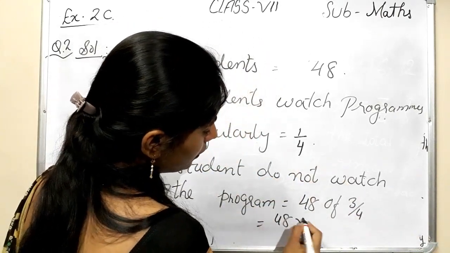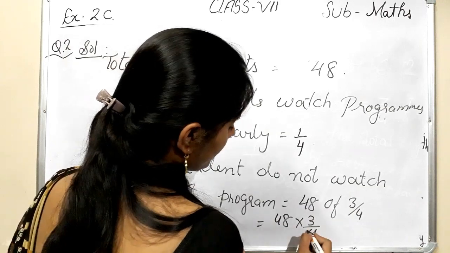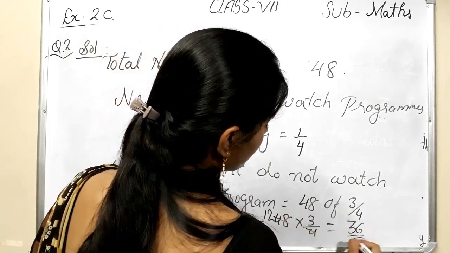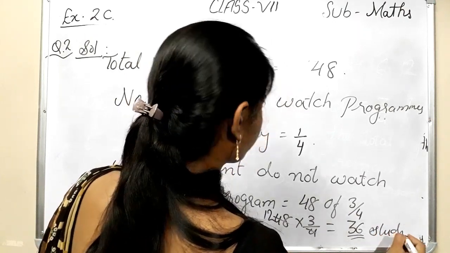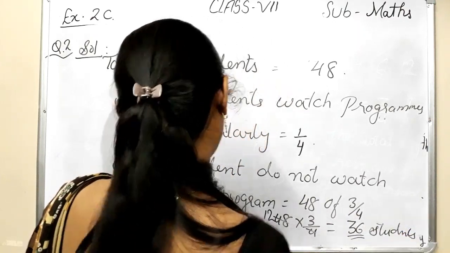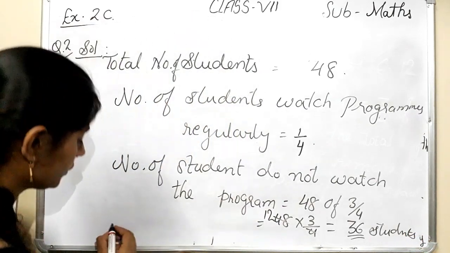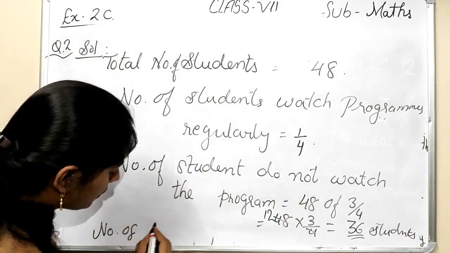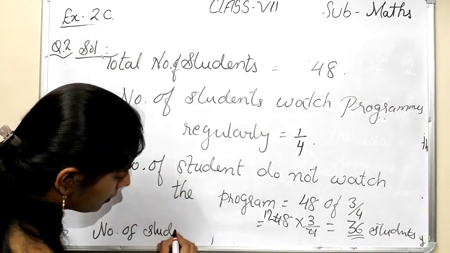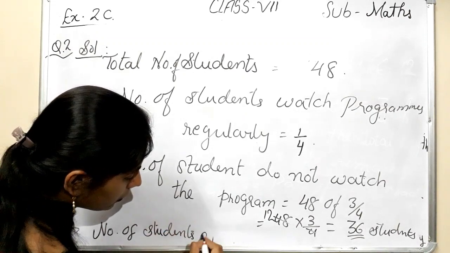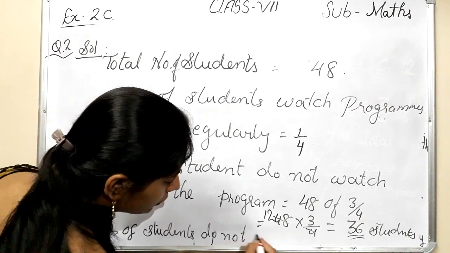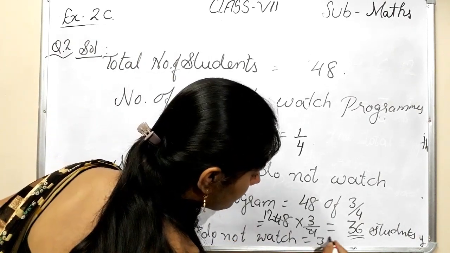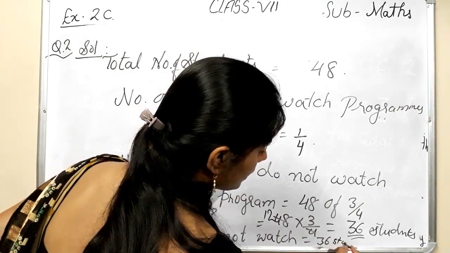So 48 into 3 by 4. 4 ones are 4, 4 twos are 8, 36 students. Number of students who do not watch is equal to 36 students.